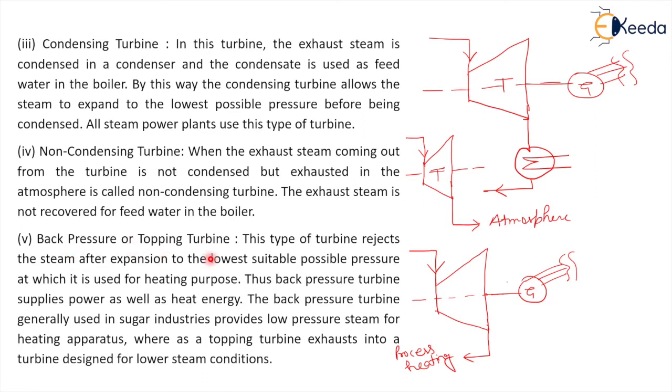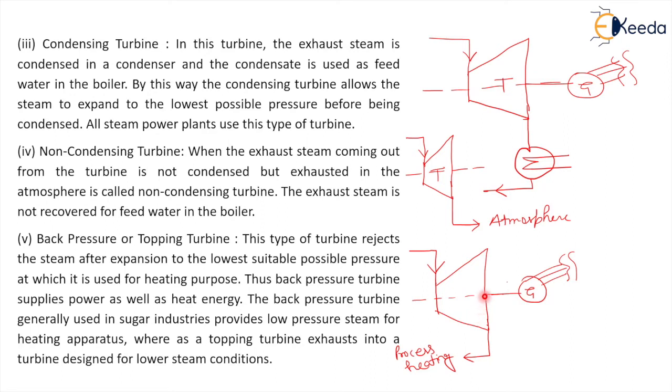Back pressure or topping turbine. In this turbine, what will happen? We will not take any extraction, but steam after expansion at the exhaust of a steam turbine will be sent for process heating. We are not taking extraction like the pass out turbine. It is somewhat different from the pass out turbine.